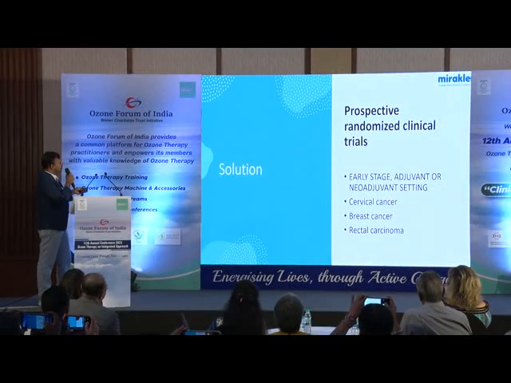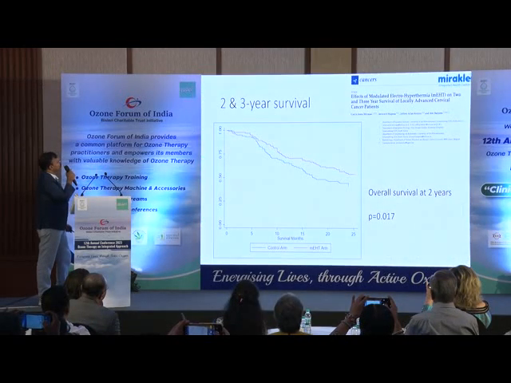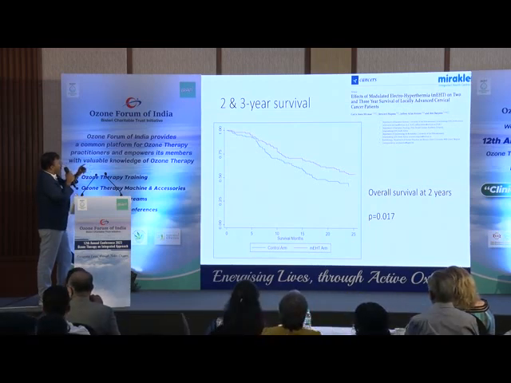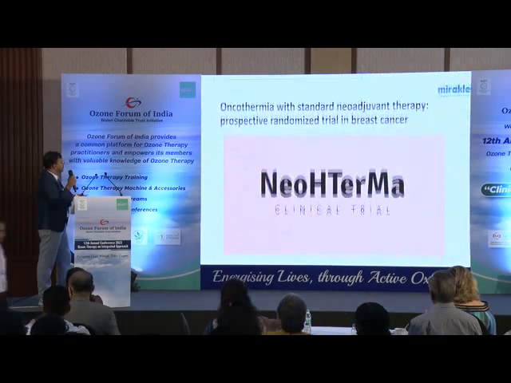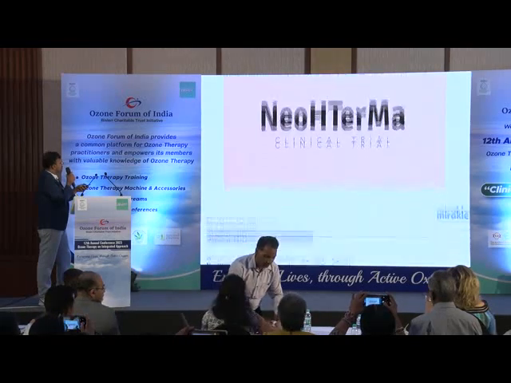This is a randomized clinical trial in locally advanced cervical cancer patients. The graph is drastically separated at 2 years. The p-value was significant. This randomized trial focused on breast cancer.